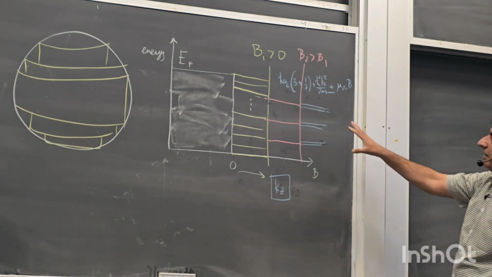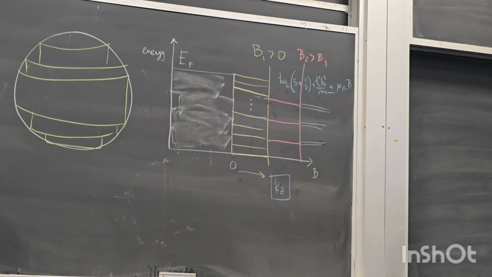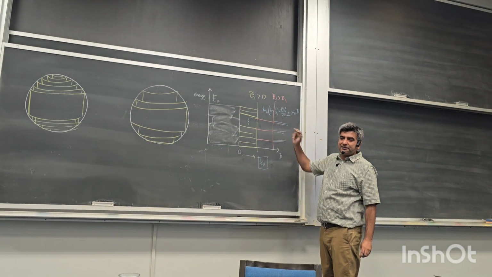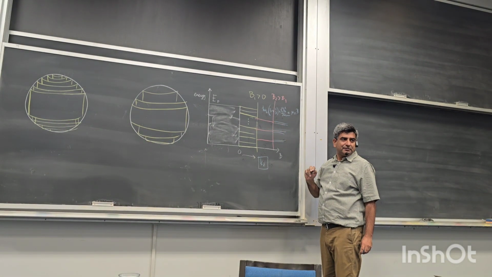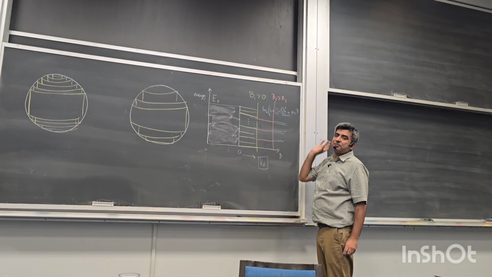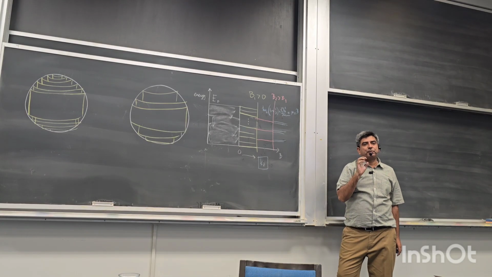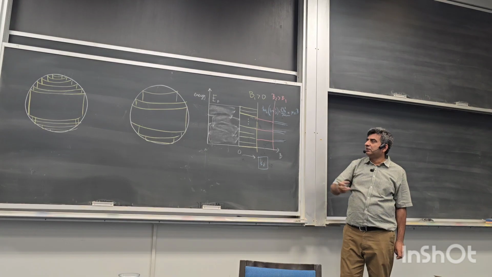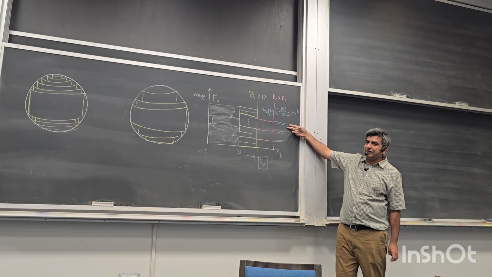Now you could do an experiment in which you make transitions between these Landau levels. There will be a certain energy gap between these levels. That energy gap depends upon the magnetic field. It could be in the RF regime, it could be in the microwave regime. You can do transitions between these Zeeman levels as well.